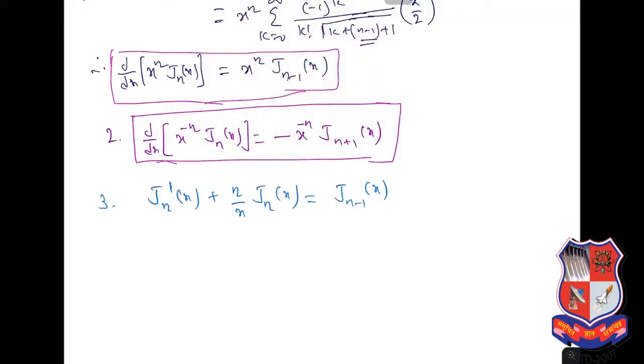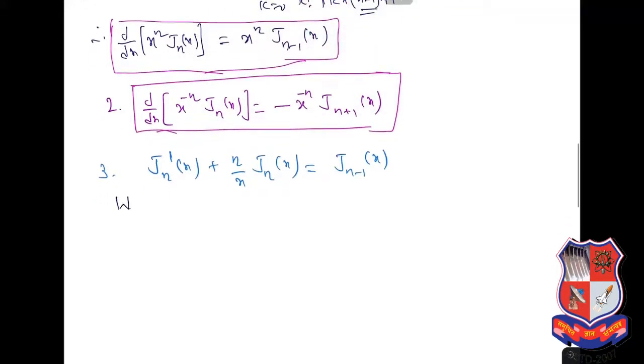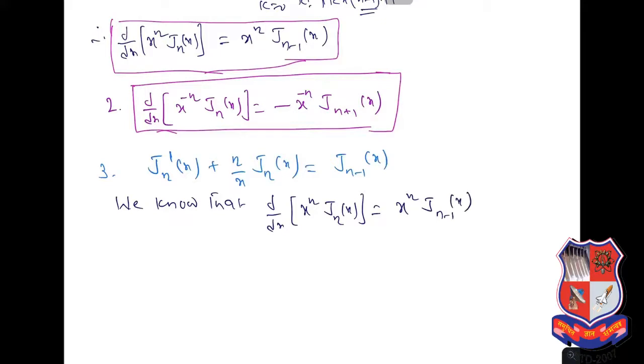It's not difficult. So we know that d by dx of x power n Jn x equal to x power n Jn minus 1 x, this one.